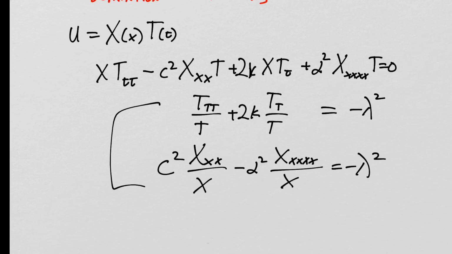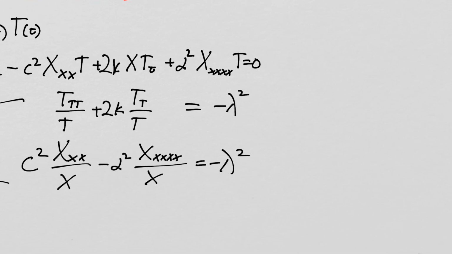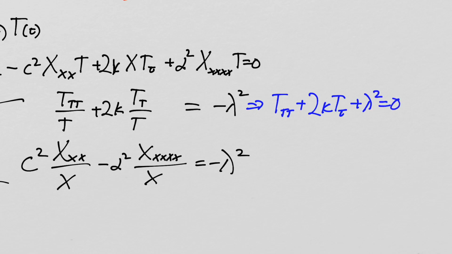So these are our two ordinary differential equations that we have to now solve. What's interesting is we've solved this one before, effectively, so we're just going to write down the solution to this one. This one we're going to have to work on. So this first one, I'll do it in blue here so I know it's the separate one, will become T double prime plus 2k T prime plus lambda squared T equals 0, right?